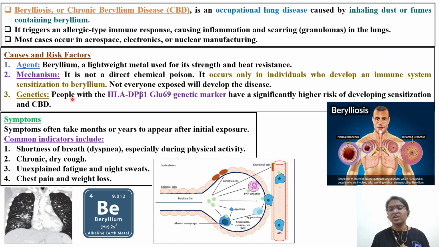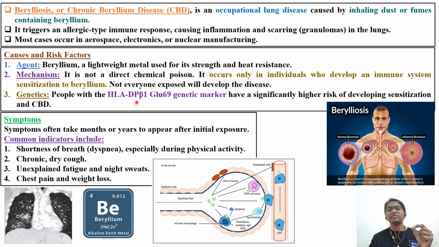As I told you, not every worker will get this disease. Certain individuals with genetic susceptibility are more sensitized to this metal, and only they will get berylliosis. So there is a genetic association. In the ABT brochure also, genetic-related topics are given in the syllabus. So sensitive individuals, like that you have to remember. This is an example for that.